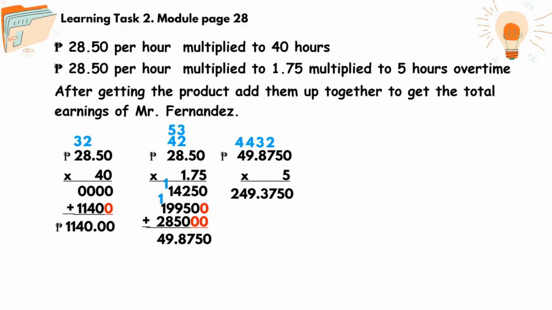After getting the products, add them up together to get the total earnings of Mr. Fernandez. So we are going to add the 40 hours payment of Mr. Fernandez for his regular time work and the overtime pay of Mr. Fernandez within 5 hours.